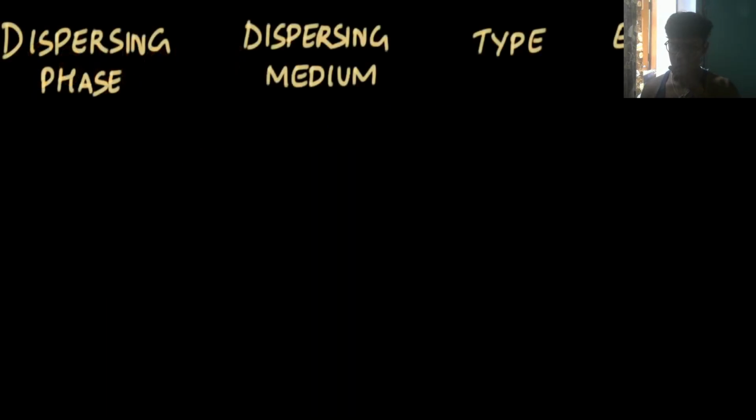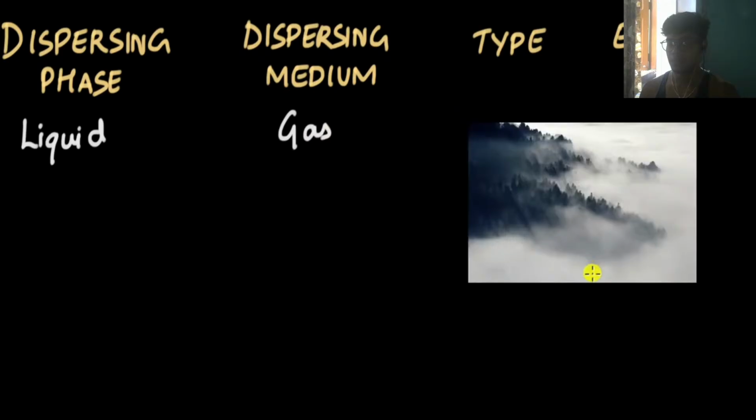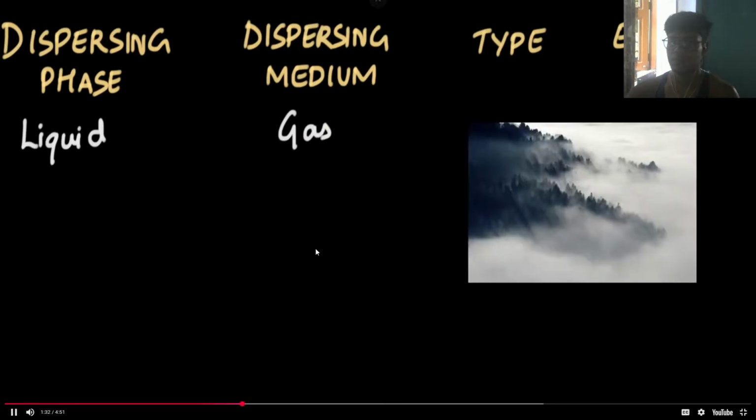To begin with, let's say our dispersing phase is liquid. So the solute-like particles dispersed in the medium are liquid, and let's say the dispersing medium itself is a gas. This is the case when we see fog or mist or even clouds.